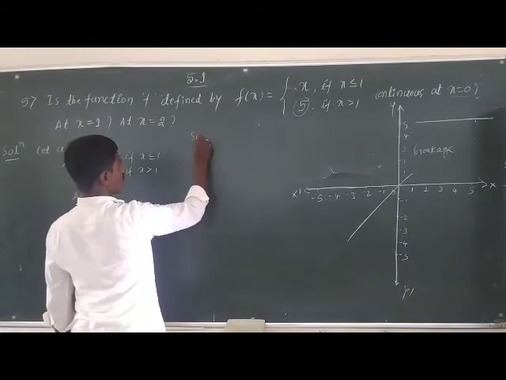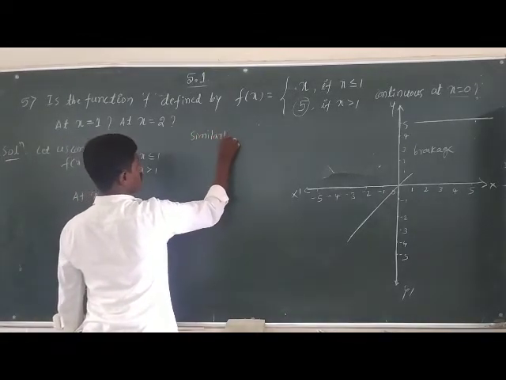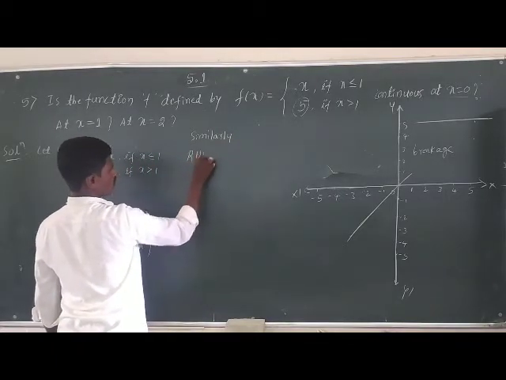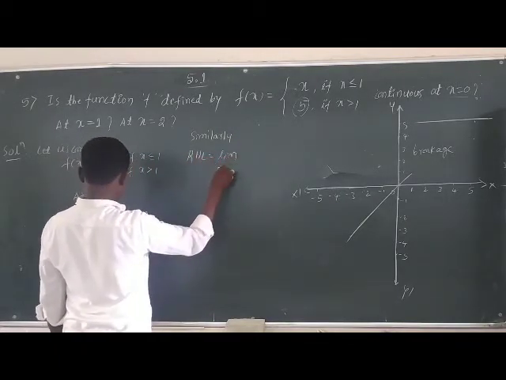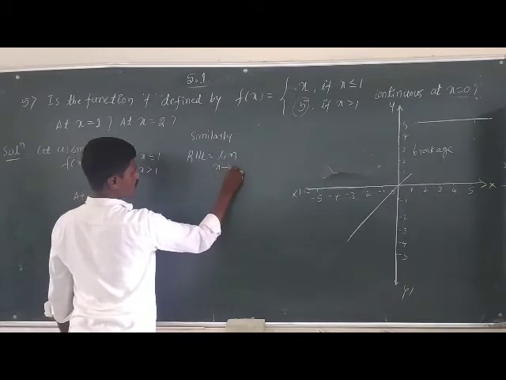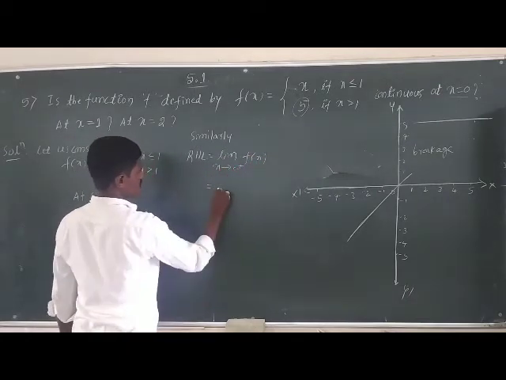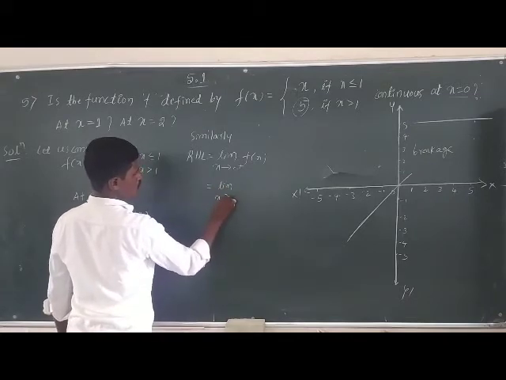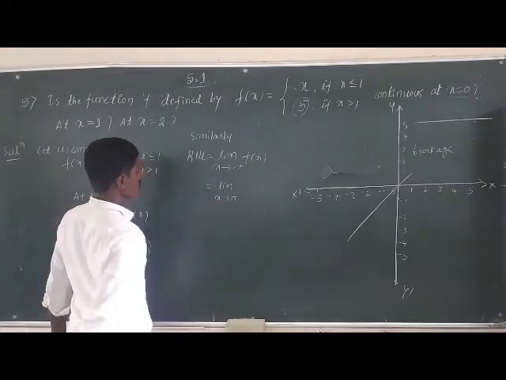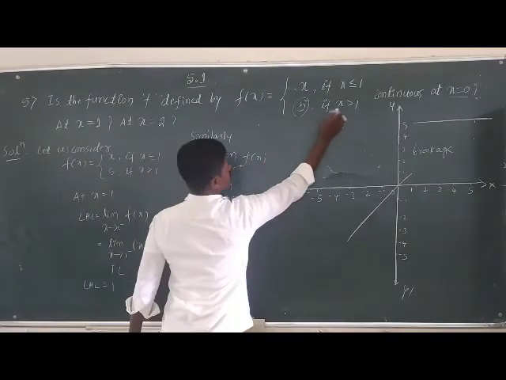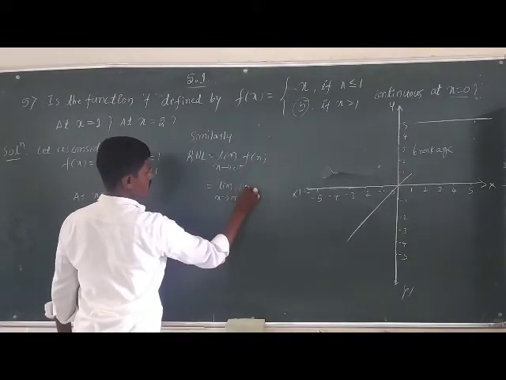Similarly, RHL is the limit as x tends to c plus of f of x. So the limit as x tends to 1 plus: on that occasion the function is 5, because x is greater than 1, and the value of the function is 5.